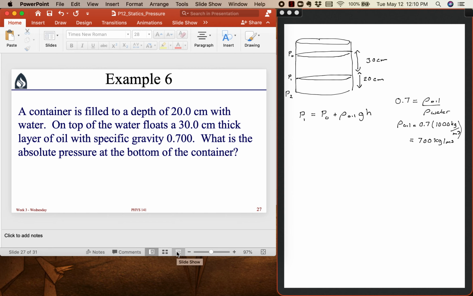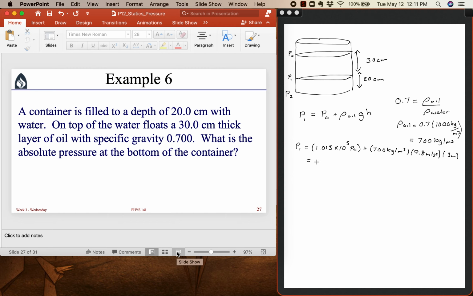Okay, so then we can plug those numbers in. The pressure at point 1 is going to be atmospheric pressure, 1.013 times 10 to the 5th pascals, plus the density of the oil, 700 kilograms per cubic meter, times G, which is 9.8 meters per second squared, times the depth of the oil, which is 30 centimeters or 0.3 meters.